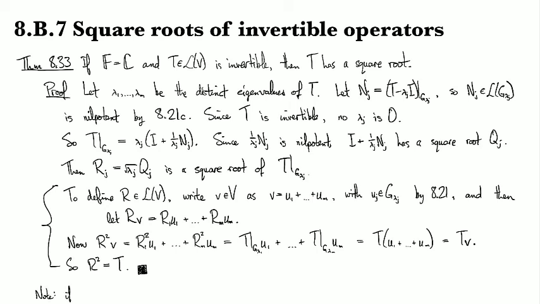So if V is an inner product space, then you could define R to be R_1 times the orthogonal projection onto G(lambda_1), summed up to R_M times the projection onto G(lambda_M), and just work on the level of operators instead.